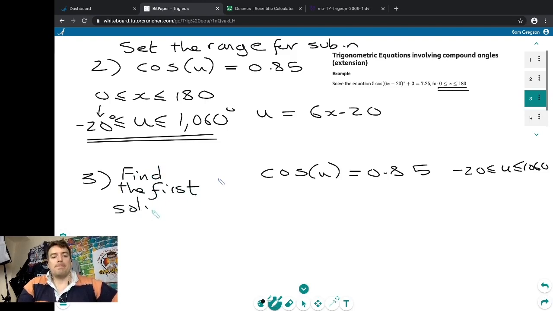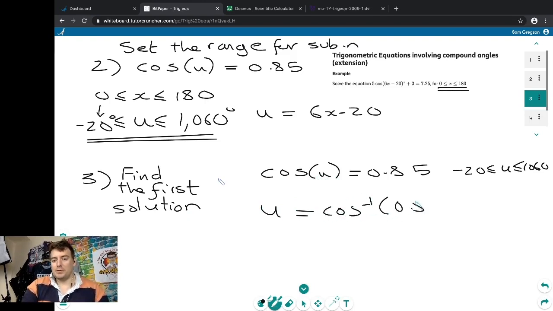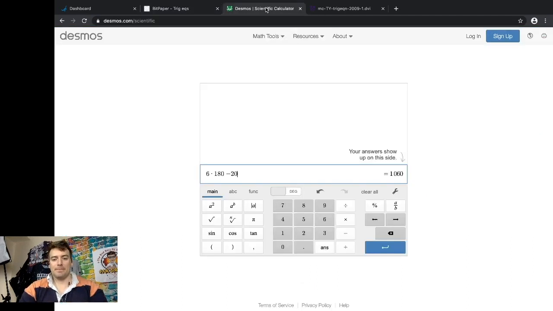If you have a usual equation like this, how would you find u? So u would be the cos to the minus 1 of 0.85. Good. Now what your calculator will do is give you the first solution in the cos graph, right? Do you have a calculator with you, or can I do it here? I don't have a calculator on me at the moment.